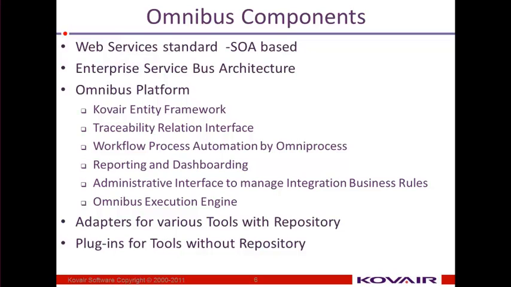Now, the first component of Omnibus is the Omnibus platform, and that includes functionality such as the Covair entity framework, which basically means that you can create entities in Covair which correspond to objects in external tools. So for example, you're using, let's say, Requisite Pro, which is a requirements management tool, and you can create a requirements entity within Covair to correspond to that particular object in Requisite Pro.